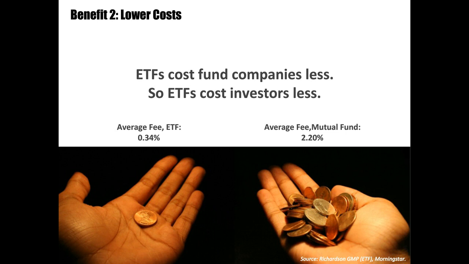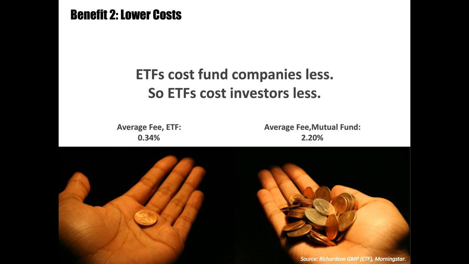But the third reason they're cheaper, and the reason that on average retail ETFs are cheaper or as cheap as institutional index mutual funds, is because they're just cheaper to run. Think about everything that had to happen when you invested in that mutual fund.